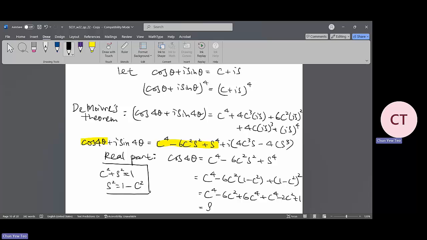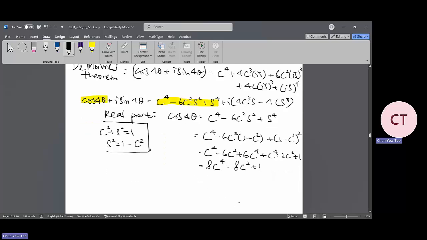So in total you have 8C to the power 4 minus 8C squared plus 1. Change C back to cos. Therefore, cos 4 theta equals 8 cos to the power 4 theta minus 8 cos squared theta plus 1, shown. So this will be the answer for 5B.